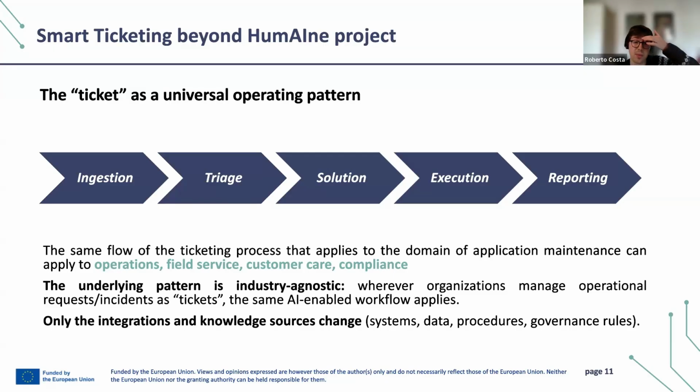The only thing that will change are the systems of the company or organization, the data that need to be provided, and the different procedures and governance rules, which can all be mapped in the same type of process.